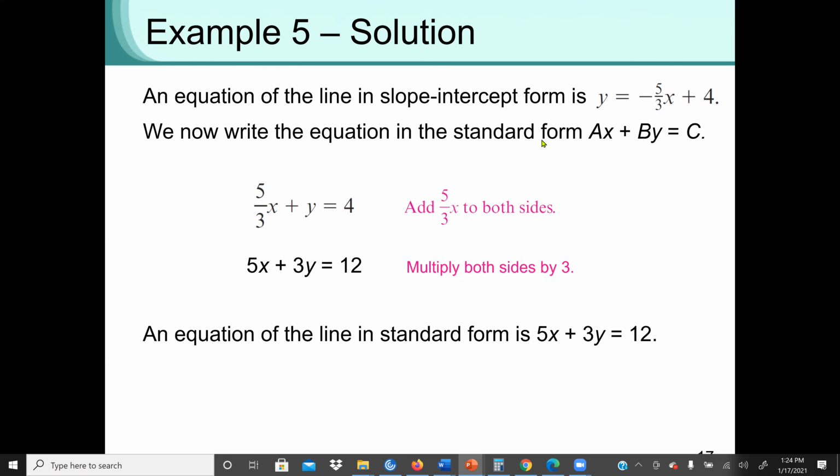So y is positive, cross the equal sign, become negative. 4 is positive, cross the equal sign, become negative. So everything is negative. We multiply the whole equation by negative 1, so everything becomes positive. Then we multiply the whole equation by 3, so that we can remove the denominator. So 3 times 1, 3 times 4, 12, 3y, and 5x.